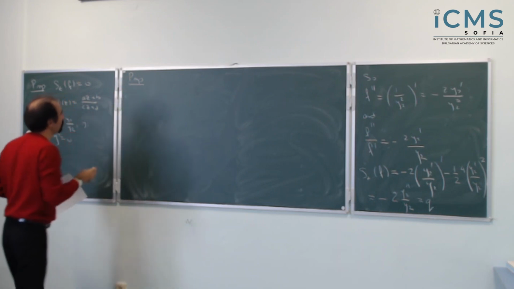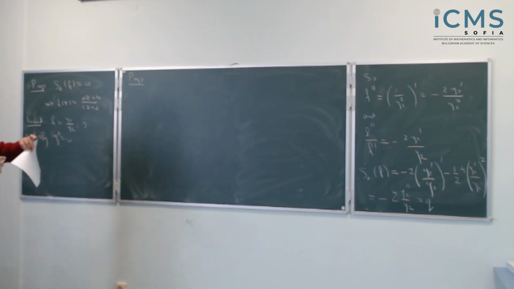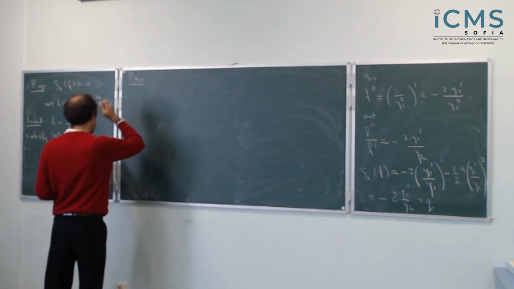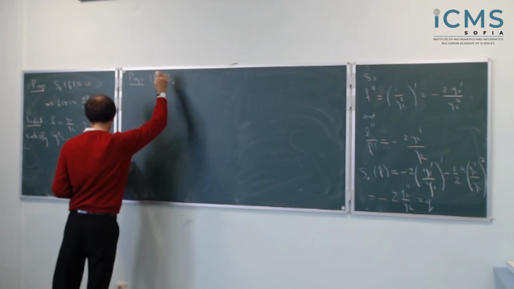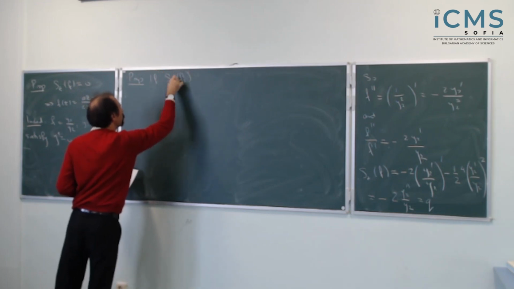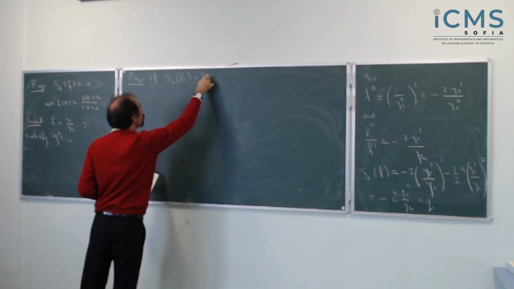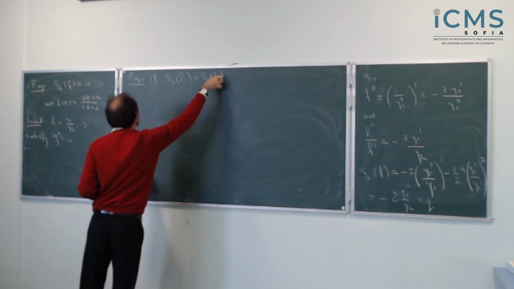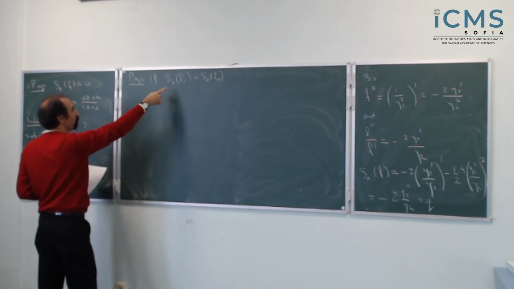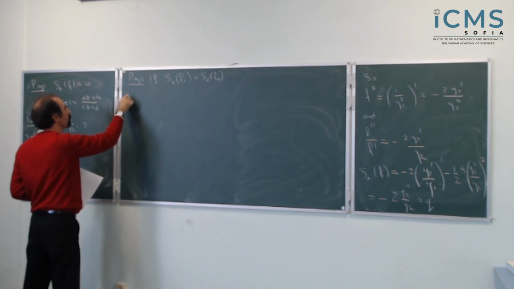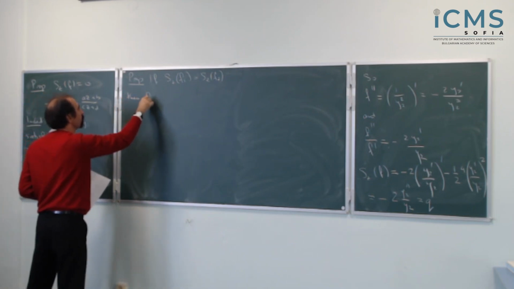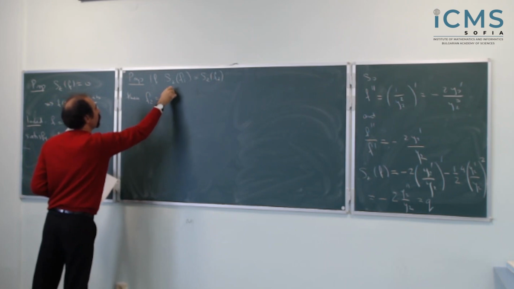Another proposition: let's consider two functions whose Schwarzian derivative is the same, so S(f1) equals S(f2). Then one is obtained from the other by a fractional linear transformation.